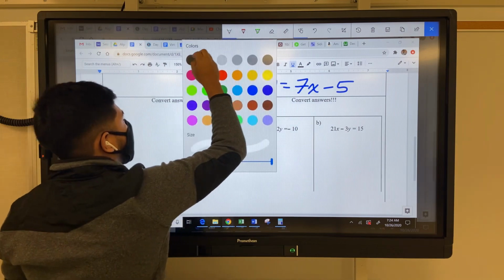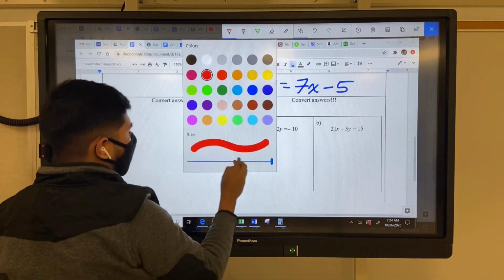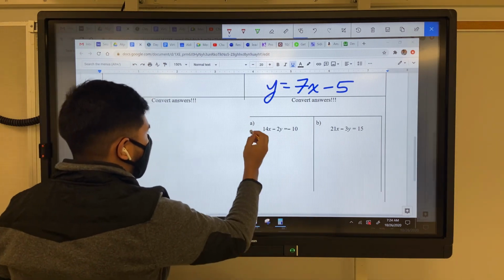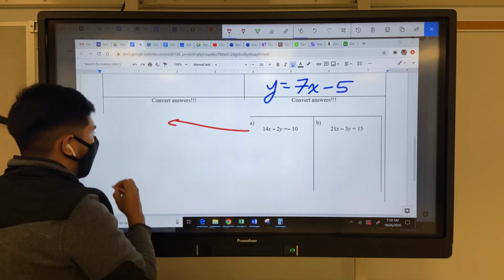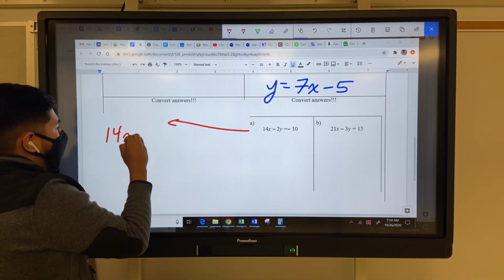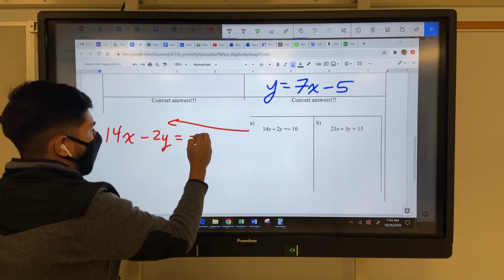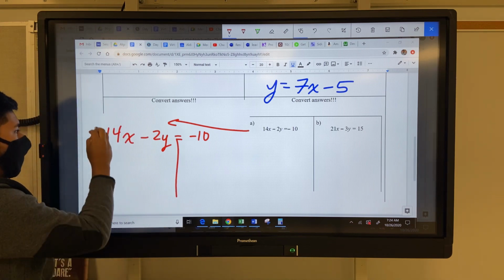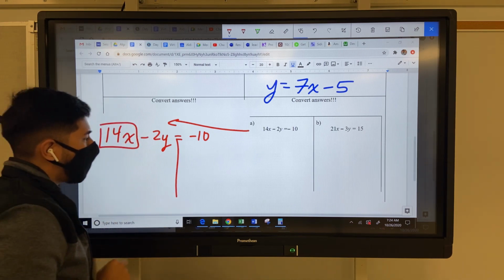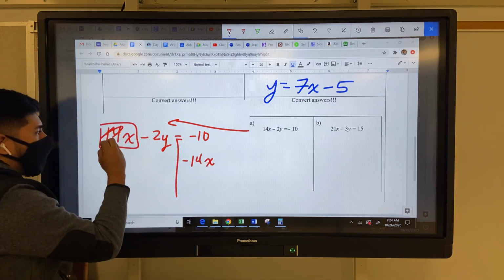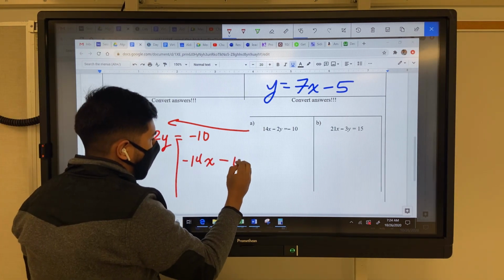All right. Doing this first one over here, 14x minus 2y equals negative 10. Convert. Moving that 14x turns into negative 14x. Bring down the negative 10.